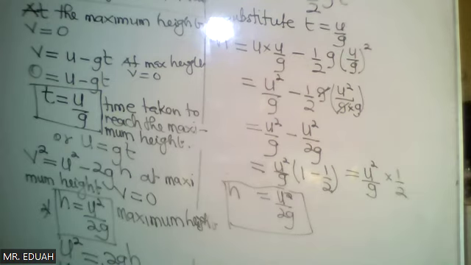Two, what is the velocity when it hits the water surface? Take g to be equal to 10 meters per second squared.